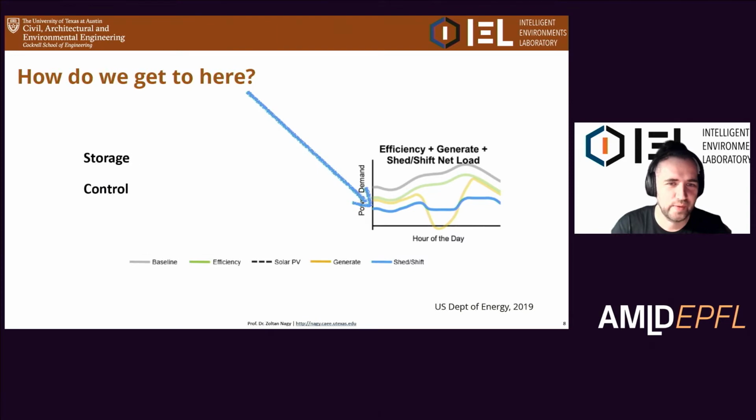But then the question becomes, well, how do we get here, right? And like I started saying, one thing we need to have is storage in order to be able to shift. This can be passive or active. On top of that, not only do we need storage, we also need to make sure we understand how it works, we understand how we control it, and we don't mess up things by moving everybody's load an hour later or earlier and then just creating a new peak.